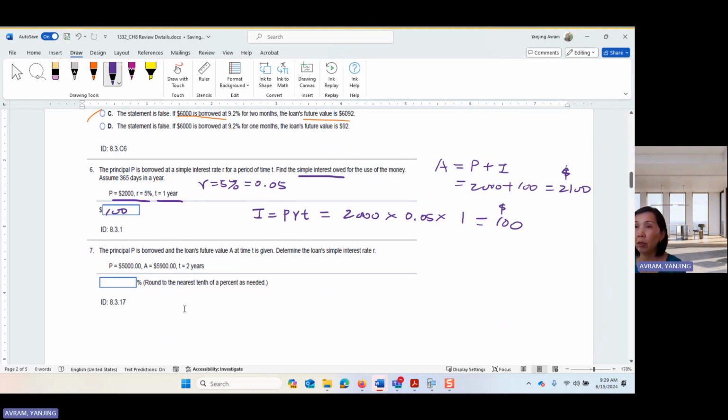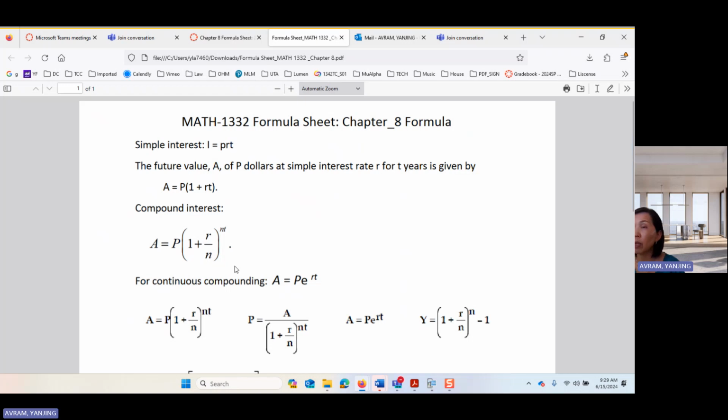All right, so that is the simple interest calculation. Number 7, the principal P is borrowed and the loan future value A at a time is given. Determine the loan's simple interest rate R. Okay, so we're gonna use the formula as I showed you earlier.